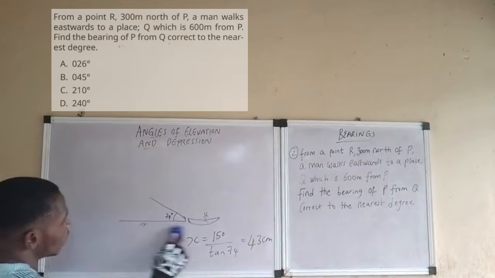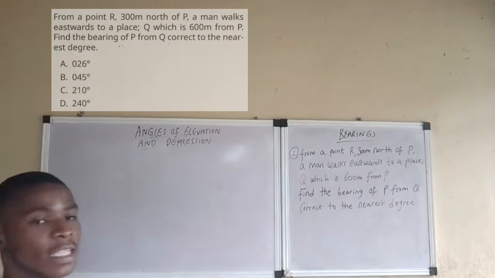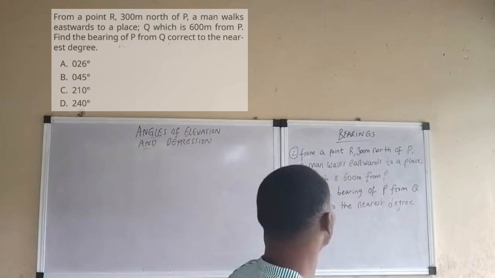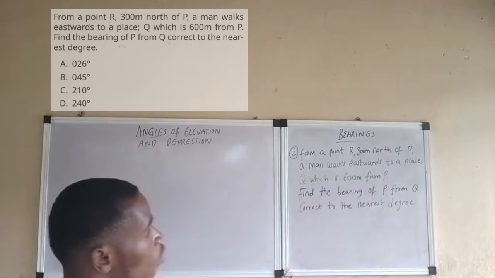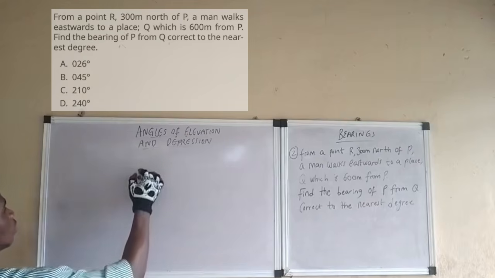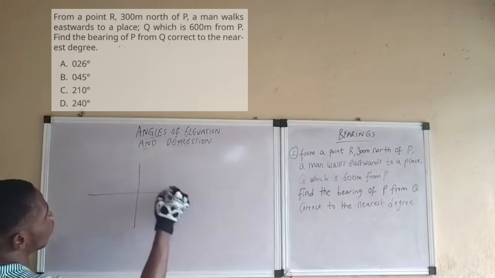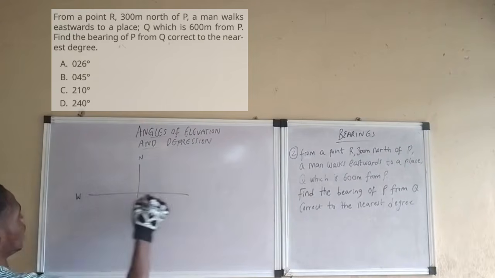So we are going to be solving this on this other part of the board, breaking down what has been said. The question says from a point R, 300 meters north of P. First of all, you want to draw your cardinal points. This is north, this is south, this is west, and this is east.